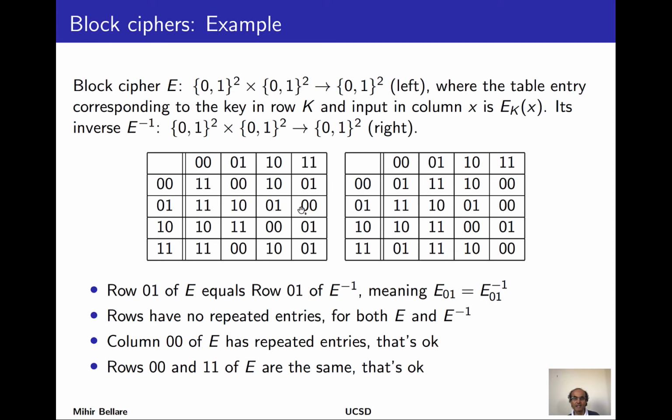So you see the same entries here and here. What does that mean? It means that the function induced by key 0,1 is the same as the inverse function induced by key 0,1. That is not a requirement for a block cipher, it's just a coincidence. It happens to be true in this case.